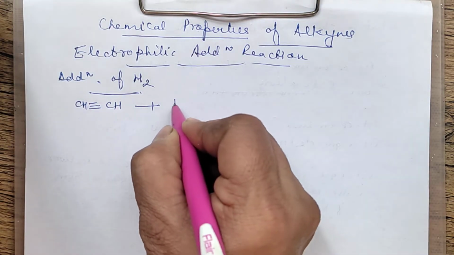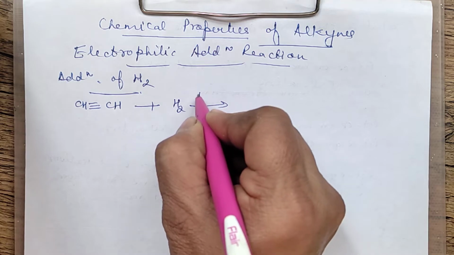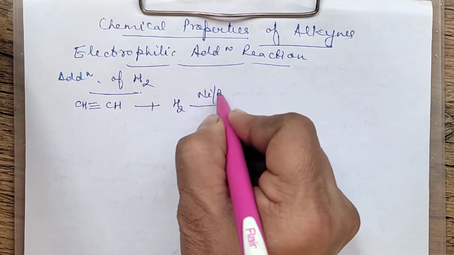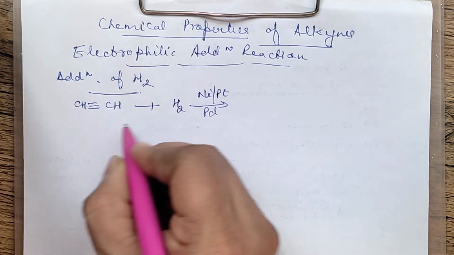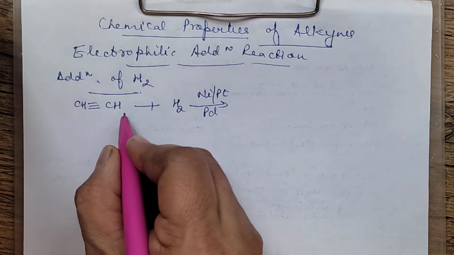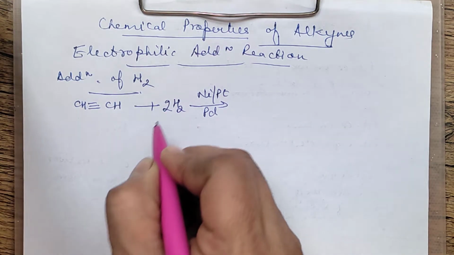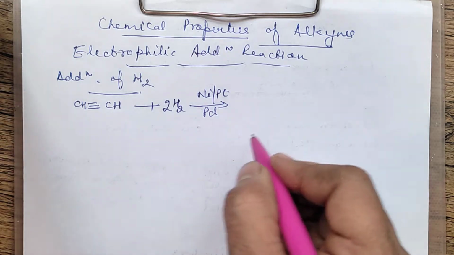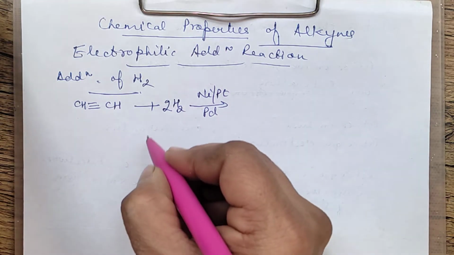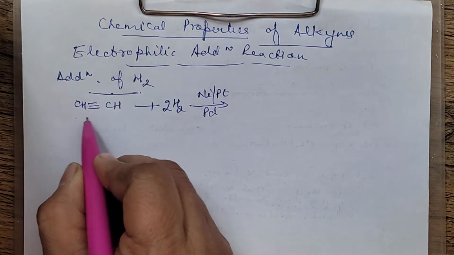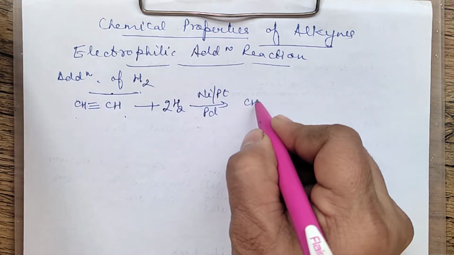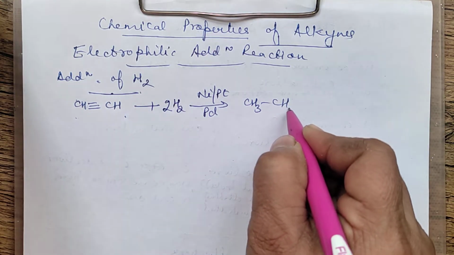When you are adding H2, the reaction occurs in the presence of nickel, platinum, palladium, and since there are two pi bonds, two H2s will be added on. If you add one, you will first get an alkene. When two are added, HH and HH will add on, and you will finally get ethane.